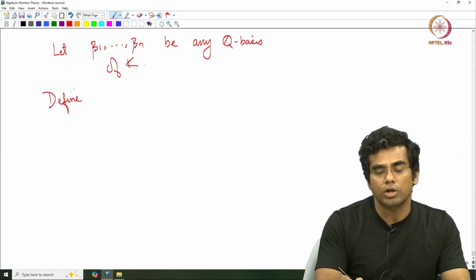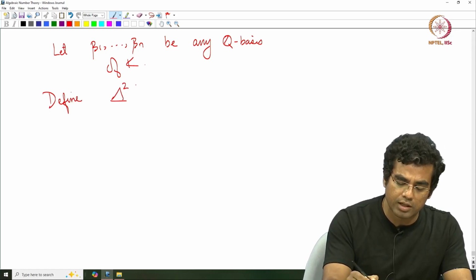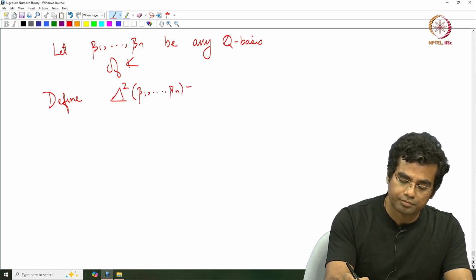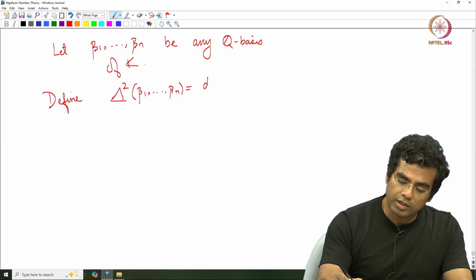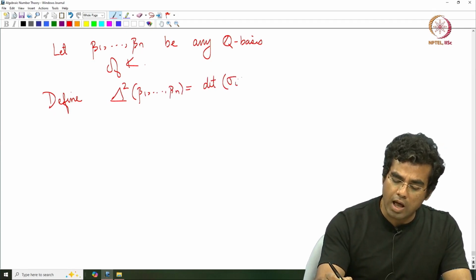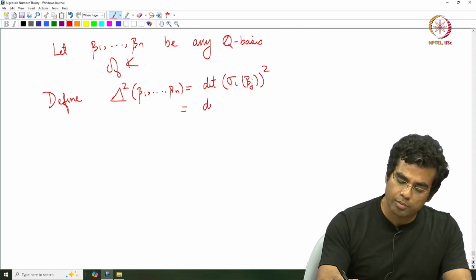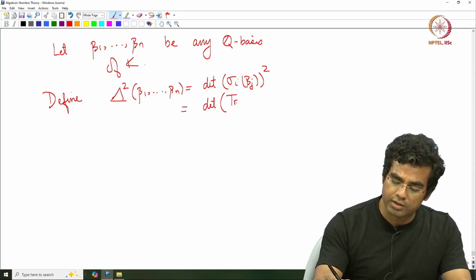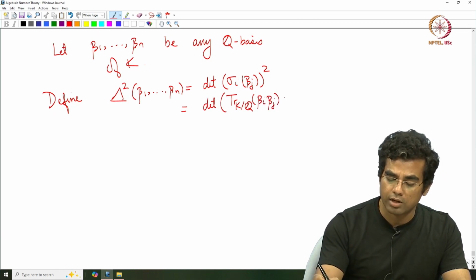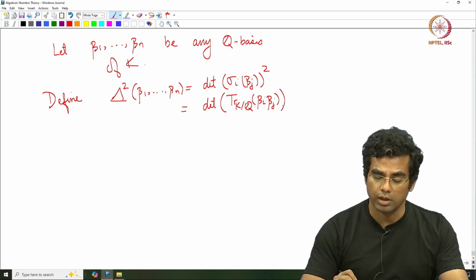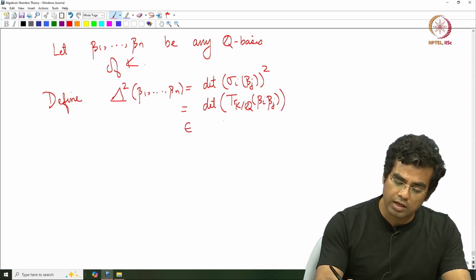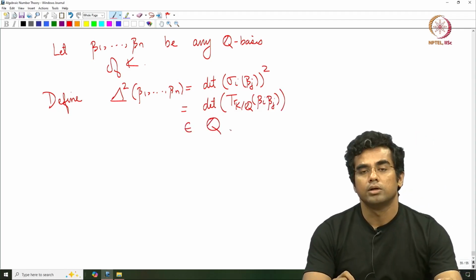So, this is of course not called discriminant, but it is defined similarly, delta squared of beta 1 up to beta n to be determinant of sigma i beta j squared, which is of course similar to the exercise above. This is determinant of trace from K to Q of beta i beta j. Okay. So, this is again in general a rational number, right.